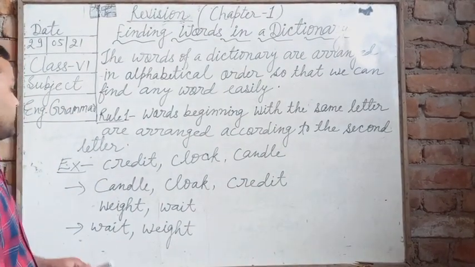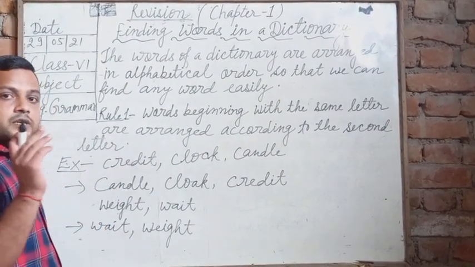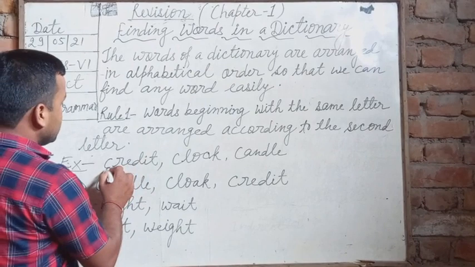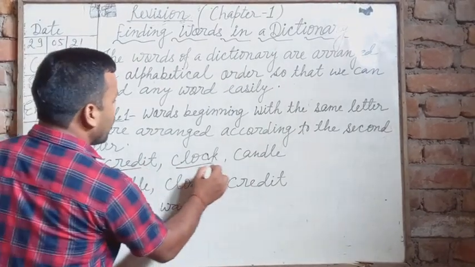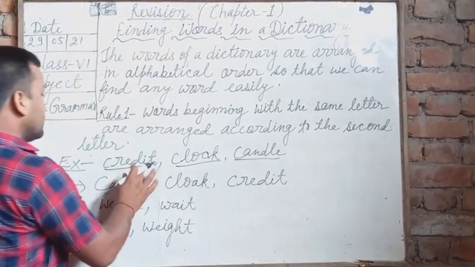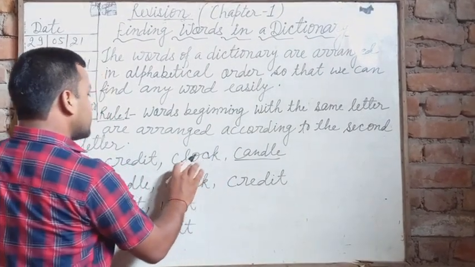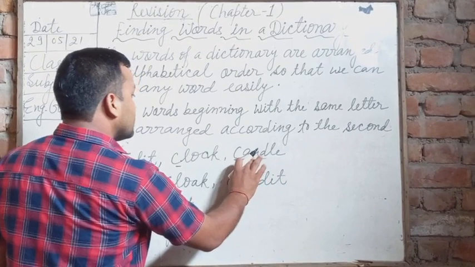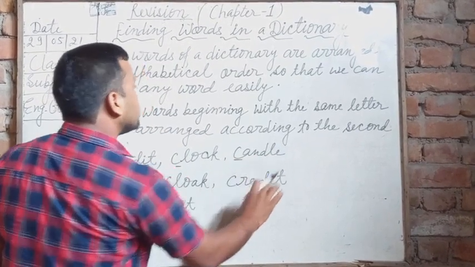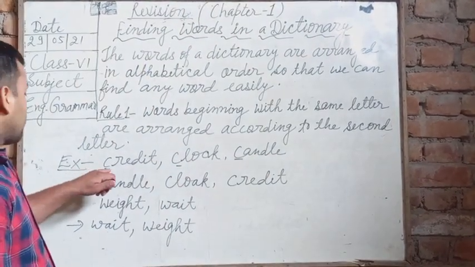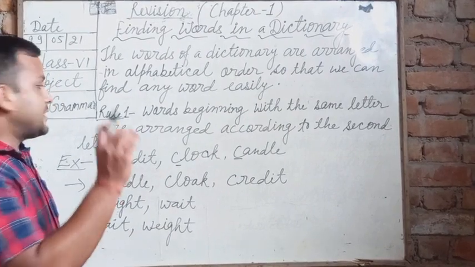For example, here three words are given: credit, clock, and candle. So students, these three words are beginning with the same letter.